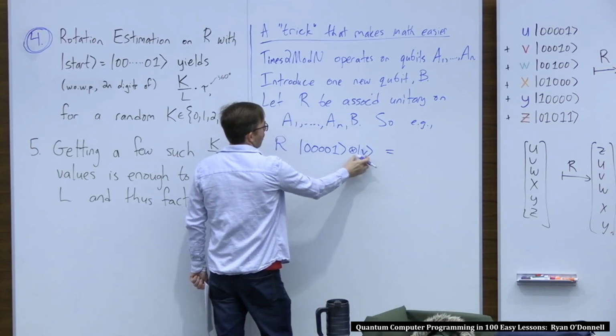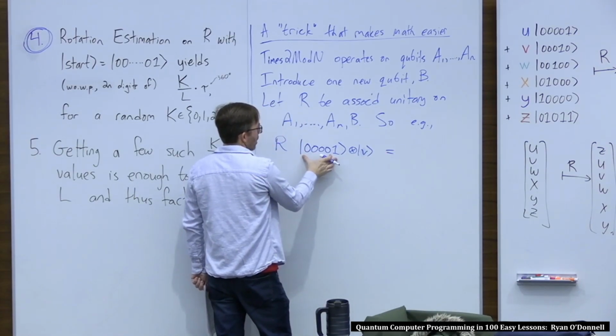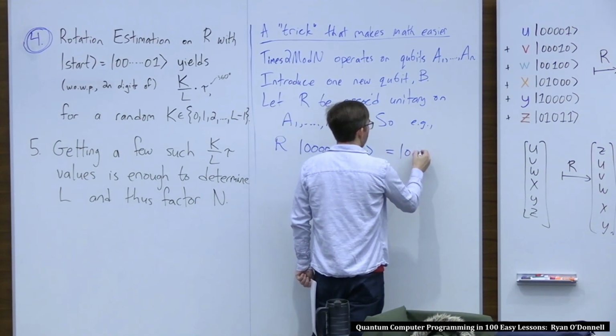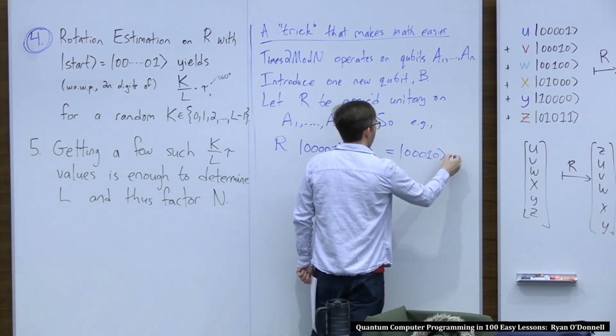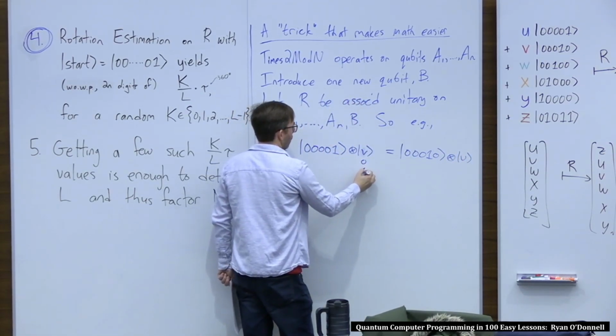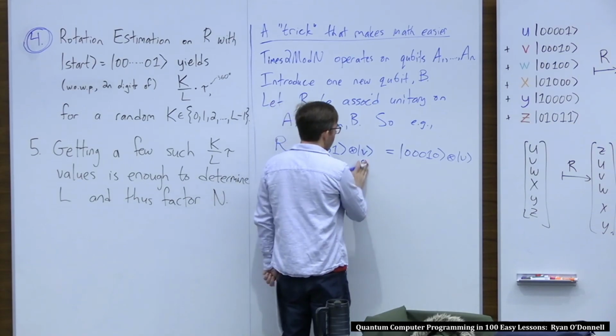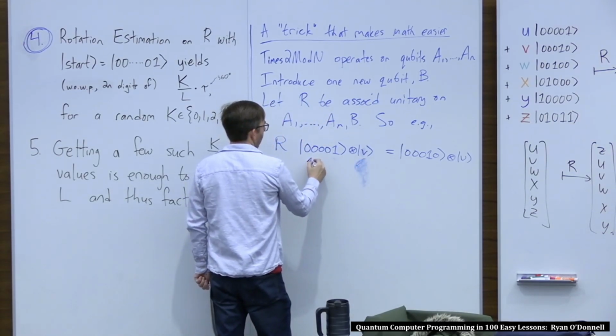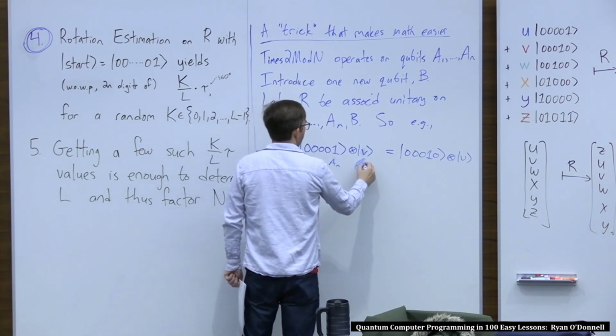Well, it just ignores this qubit and does what it always does here. So we get 0, 0, 0, 1, 0, tensor V. This could have been ket 0, could have been ket 1, it could have been something else. But the point is, R just does what it always does on A1 through An and ignores B.